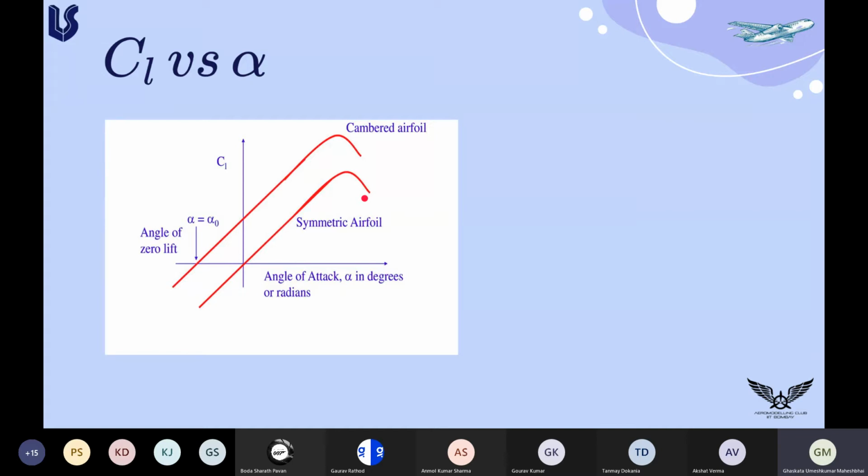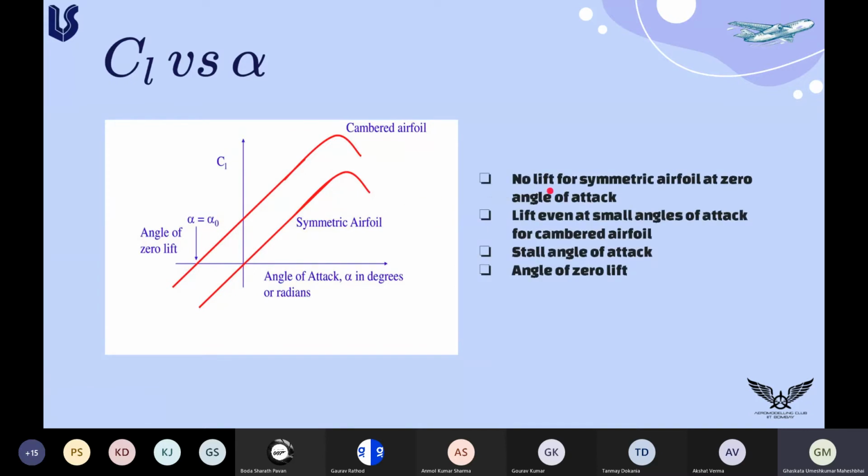And also, if you talk about a particular airfoil, then in a symmetric airfoil, no lift is generated at zero angle of attack. Why is it not generated? Because the pressure changes on the upper and lower surface are the same.